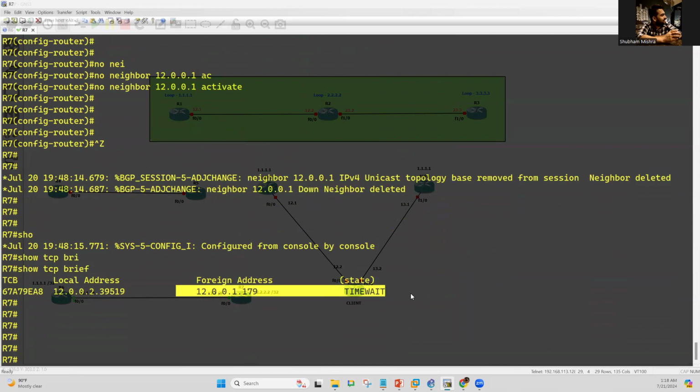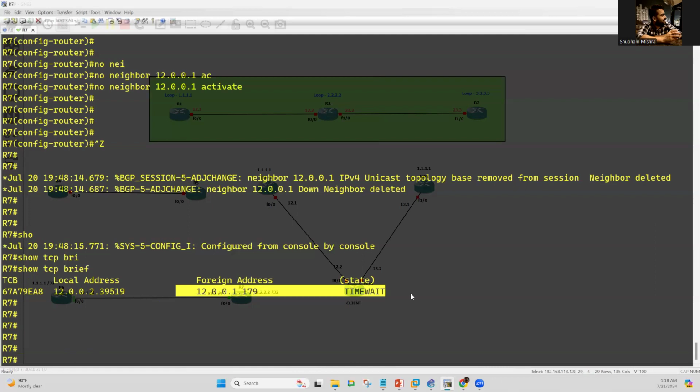So what is the first condition, guys? The first condition is when the administrator manually shuts down the BGP session. In this case you will find the TIME_WAIT condition. The second condition, when you change the BGP configuration, for example you change the router ID.